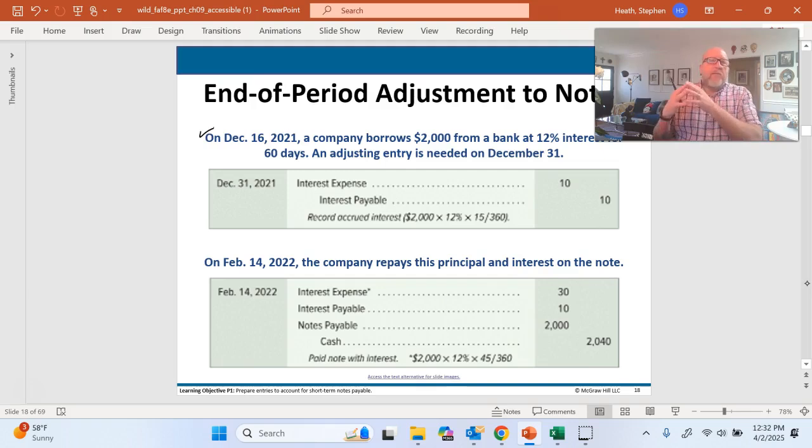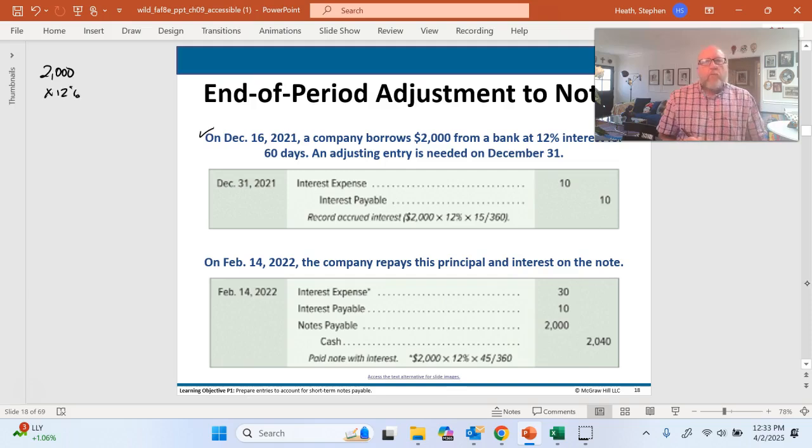But then when we get to December 31st, we have to record the interest expense that we incurred, right? We received some benefit from December 16th all the way to December 31st. And therefore, we need to recognize the expense associated with that receipt of that benefit. So we would do 2,000 times that 12% annual rate.